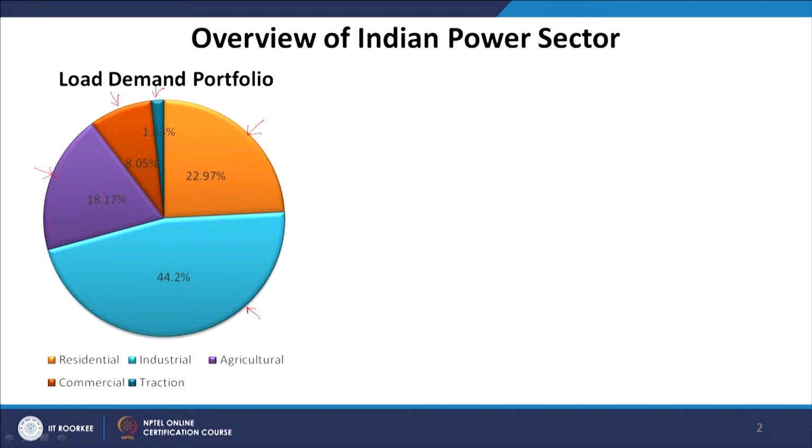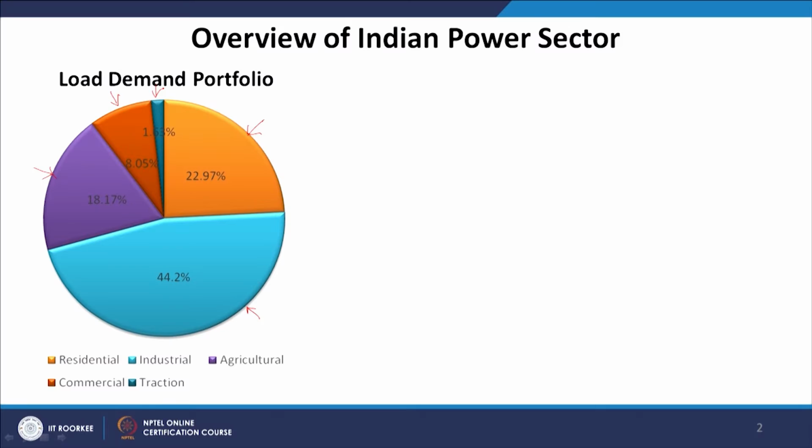But this scenario is not necessarily the same across countries, because it may vary from country to country depending upon population strength, per capita consumption of electricity, etc. But this is true for most of the developing countries in the world, where the residential part, which is 23% now, may be as high as 35 to 40% in some of the developed countries.